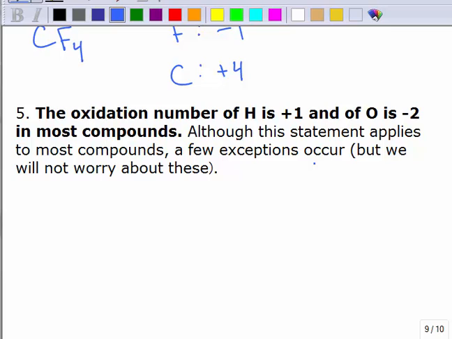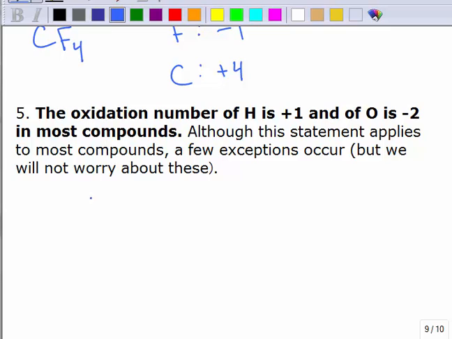The other 2 elements that are useful to remember are hydrogen and oxygen. In most compounds, hydrogen is going to have a +1 oxidation state. There are a few exceptions to these next two rules, but we're not going to worry about these exceptions.